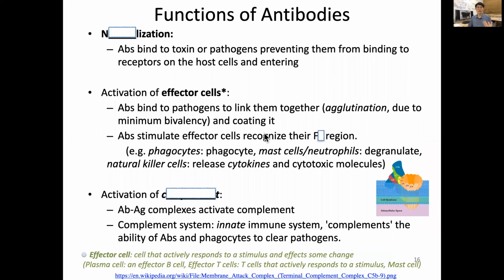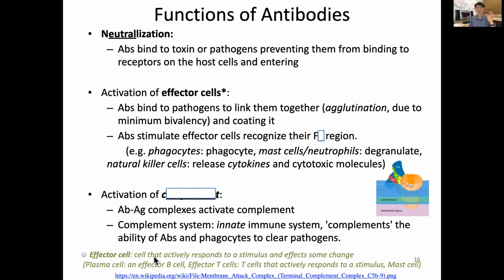So now let's summarize this. Antibodies bind to toxins or pathogens, preventing them from binding to receptors on our host cells and entering. We call this neutralization. Another aspect is to activate effector cells. So what are effector cells?